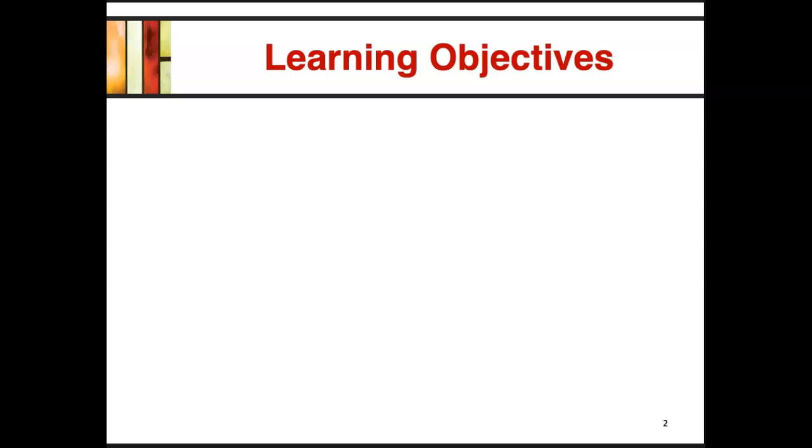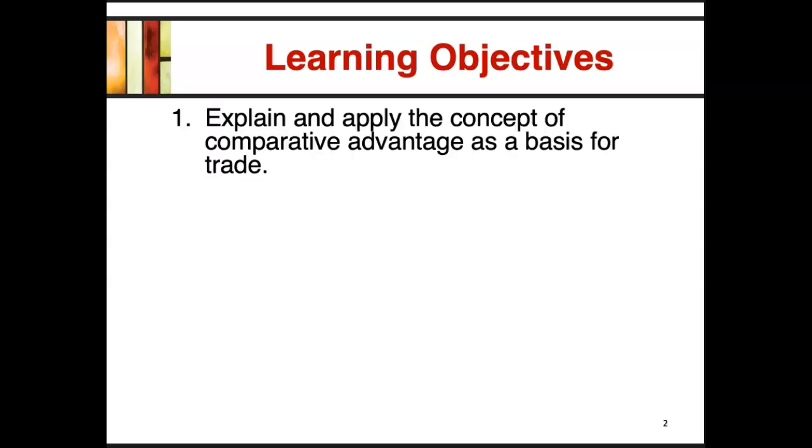So mainly this chapter will explore trade theories used in economics and policies put in place to, like I said earlier, reduce trade. I'm going through the learning objectives. First, we explore the concept of comparative advantage as the main basis for trade.